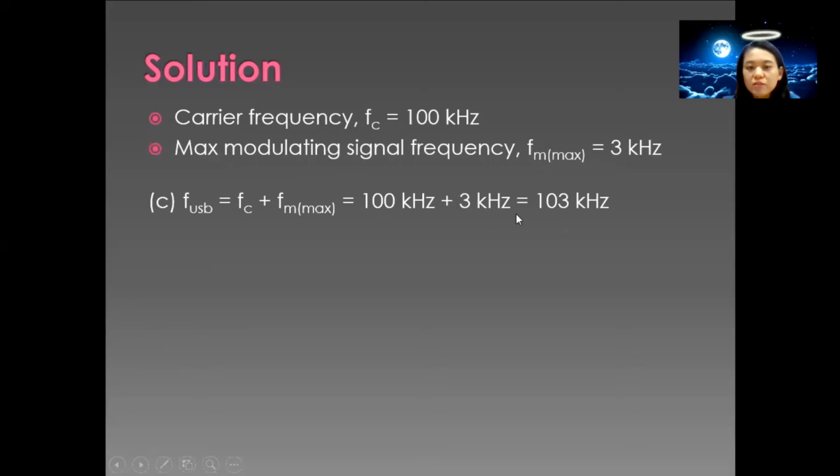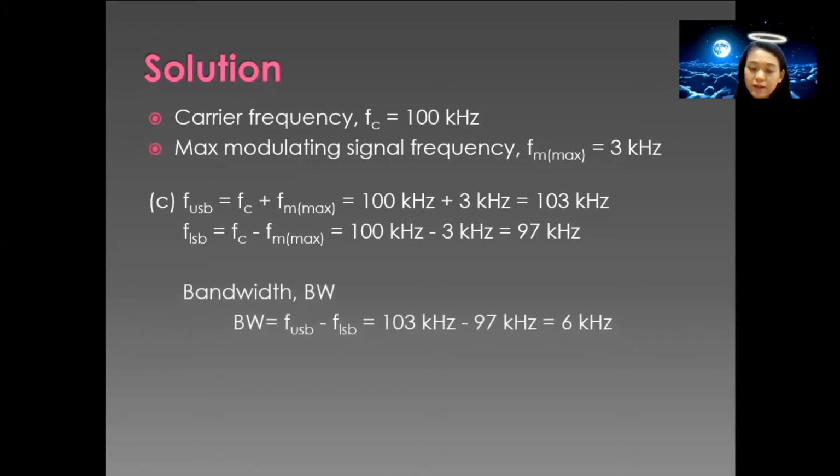And this 3 kHz is the new value for the modulating signal. The lower sideband will be equal to Fc minus Fm maximum, which is 100 kHz minus 3 kHz, we will get 97 kHz.